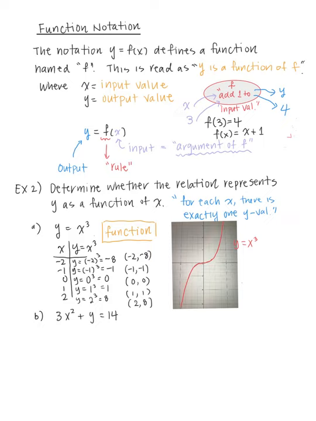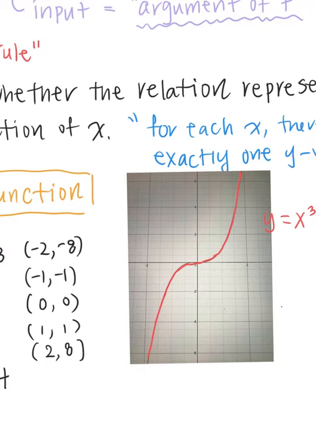So I don't know if you can see this. Let me just blow it up a little bit. So this value is going to be 1. So this is 2, -1, and this is -2. Okay, so now let's take a look. When X is 1, your Y value is going to be here. Correct? So this point right here is 1, 1.